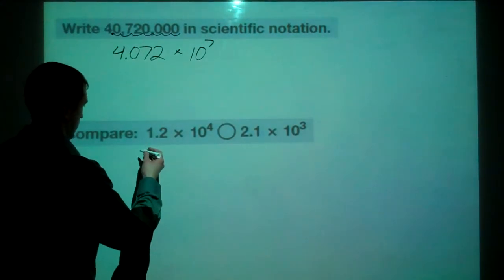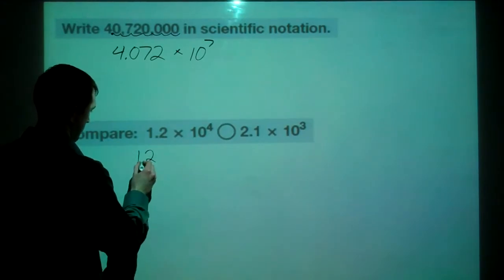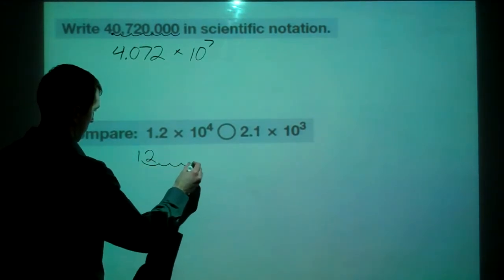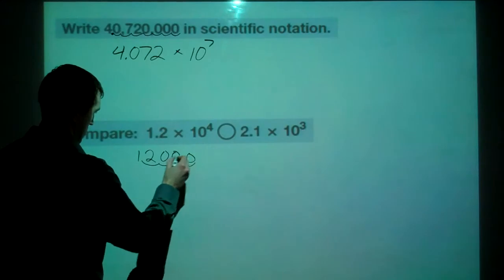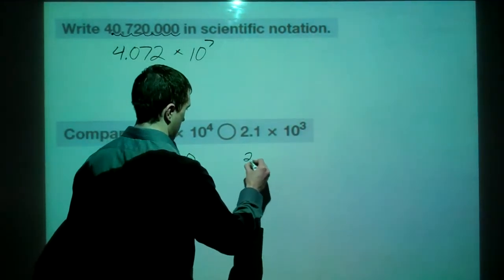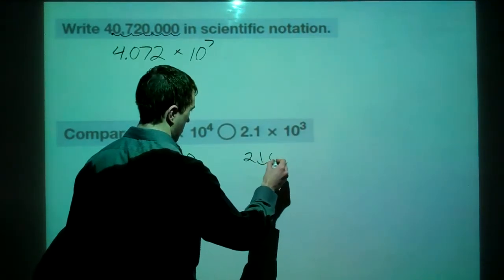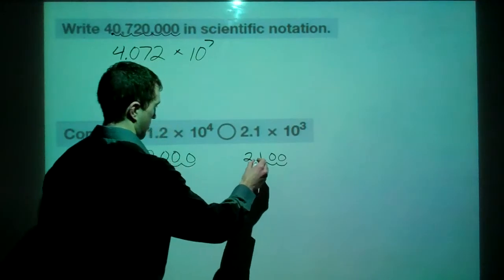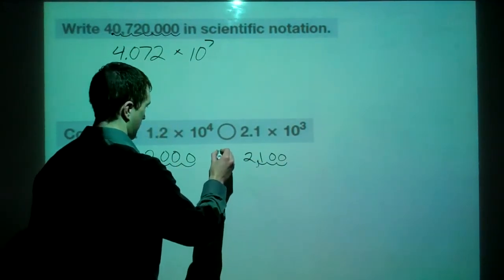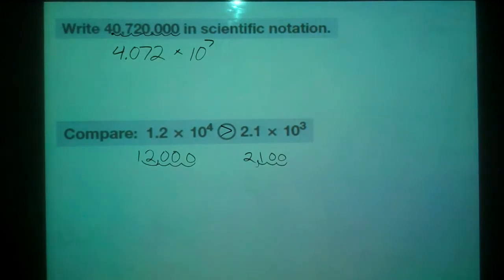So this is actually 1, we move it 4 spots, 1, 2, 3, 4. This is actually 12,000. This one, we're moving it 3 spots, 1, 2, 3. 2,100. So that number is bigger. Okay?